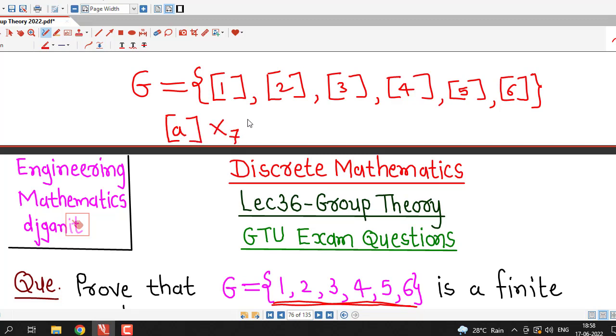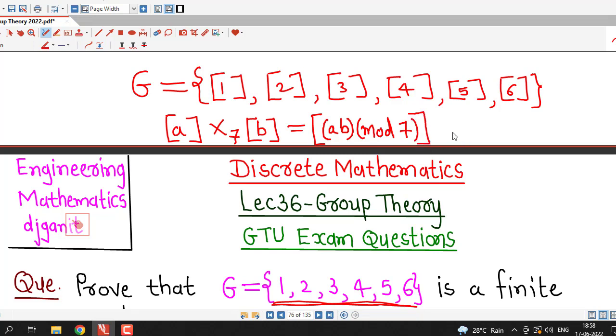So we recall the definition of multiplication modulo. If I consider two equivalence classes generated by A and B, then this is equal to the product of A and B modulo 7.